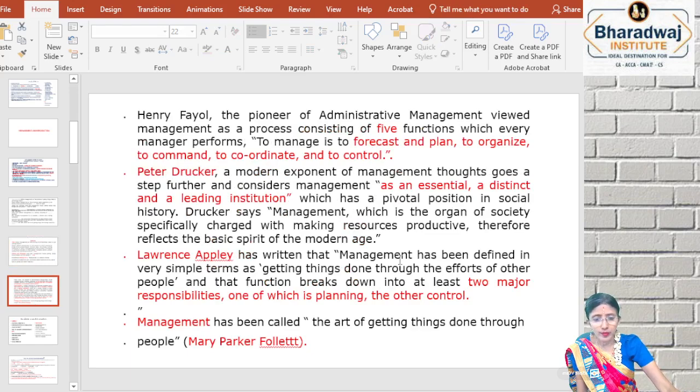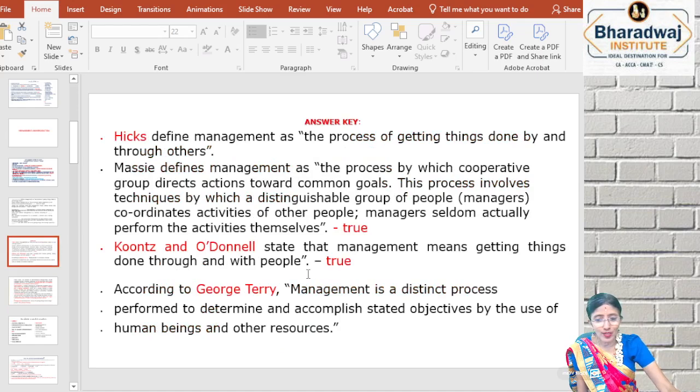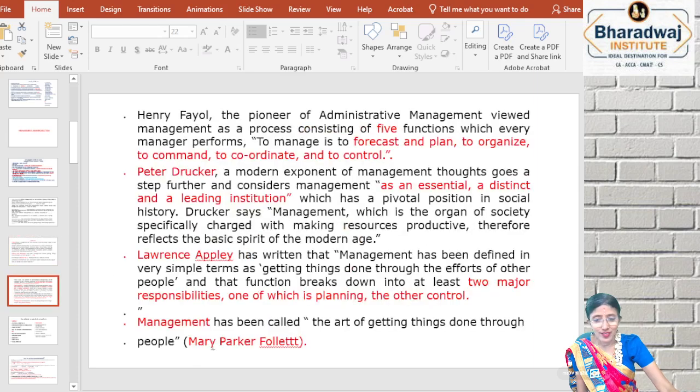Look at this. But the last, the art of getting things done, isn't it different from Kuhns and O'Donnell? Through and with people. Look at here. Through people only. You see the difference? See, through and with people, what is the thing? Kuhns and O'Donnell see people not only as instruments, but also together.